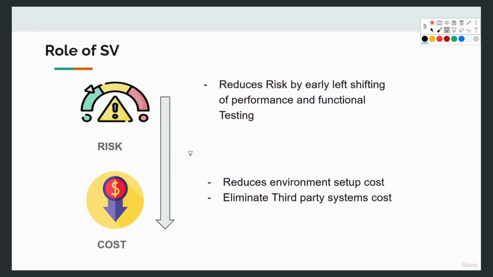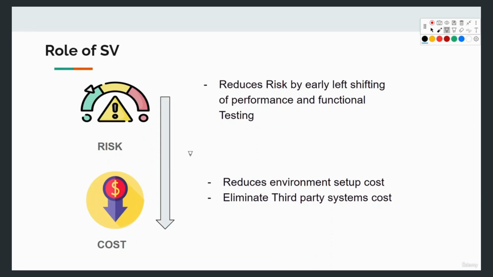setting up an environment like production needs proper hardware, and there should be proper latency, right? But in case of service virtualization, environment setup is not that difficult and also not much costly, because you just need to set up the particular tool.